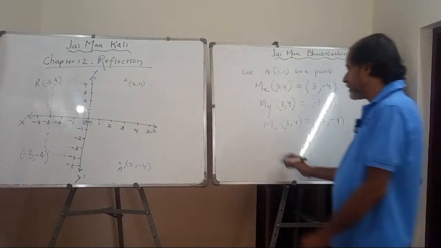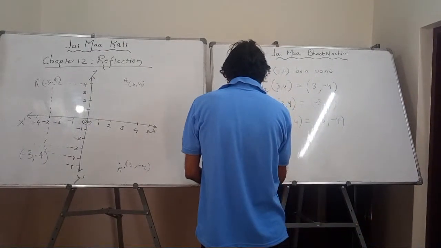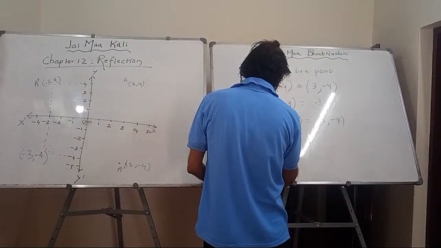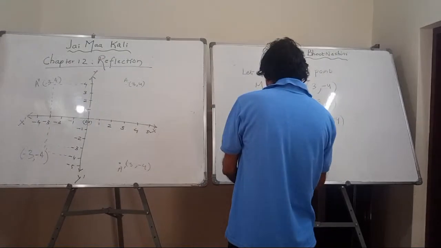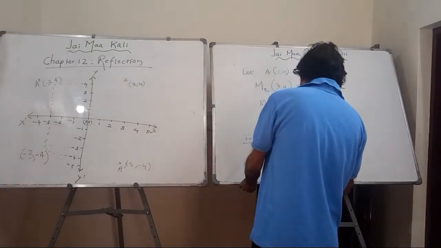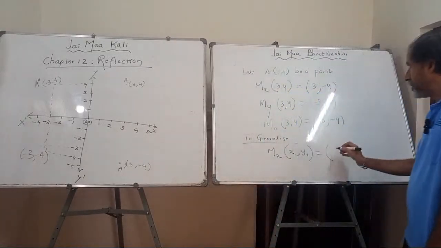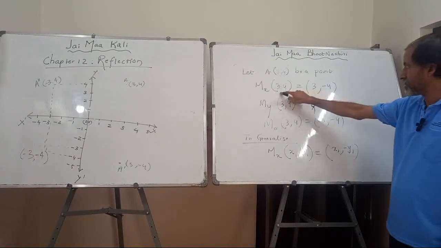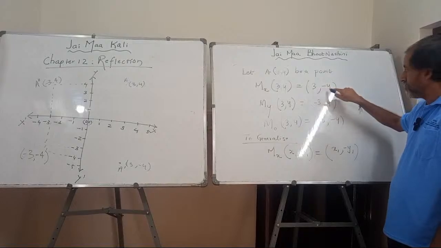Okay. To generalize, reflection in the x-axis of a point (x1, y1) will be (x1, -y1).